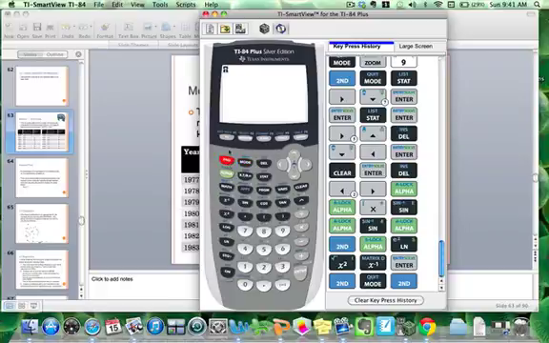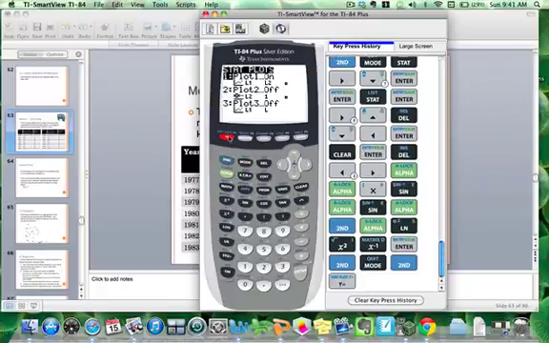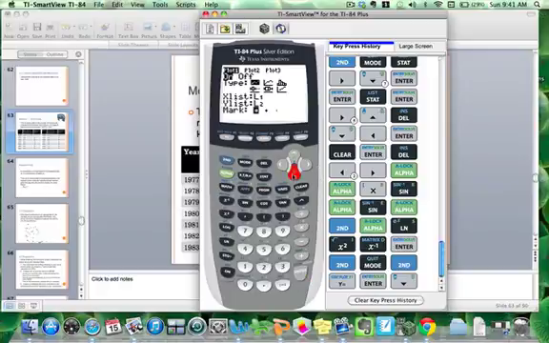So I'm going to go to second y equals, and go into my first plot. Make sure it's still turned on. I want it to be a scatter plot, so that's still good. I still want my X list to be list 1, but instead of list 2 being my Y list, I want my Y list to be these residuals, okay?